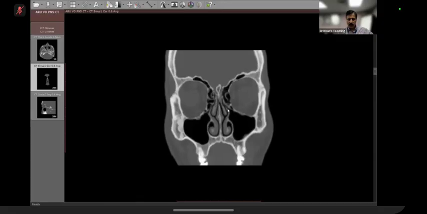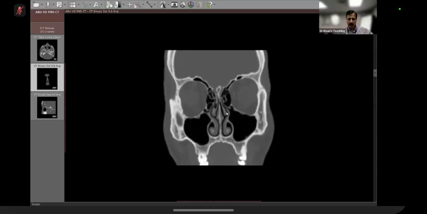From here to here is the infundibulum. And this lucency here is the middle meatus. On the other hand, you can see the orbit here. So this convex structure here is the ethmoid bulla, and this is the uncinate process. This, of course, is the inferior meatus.